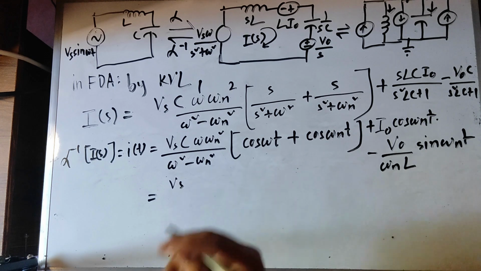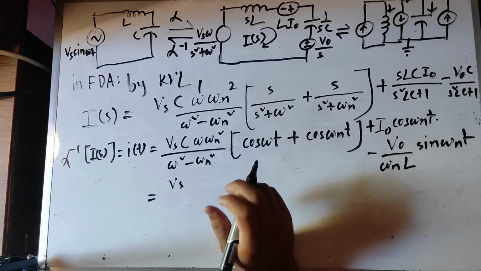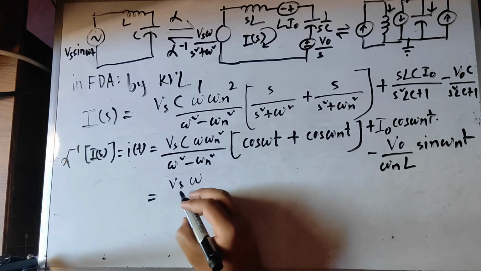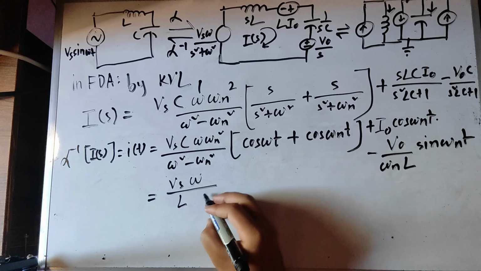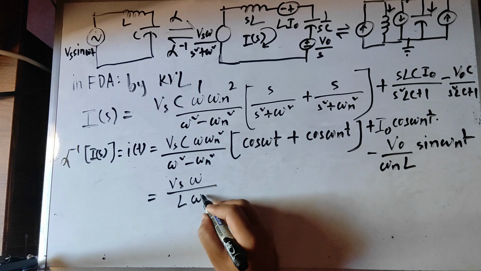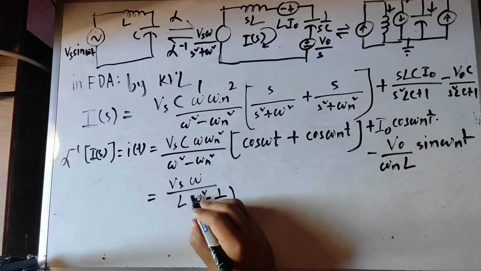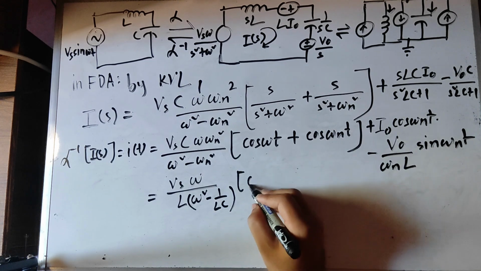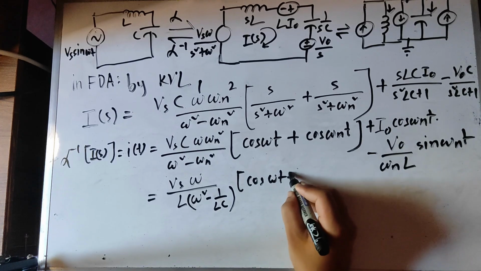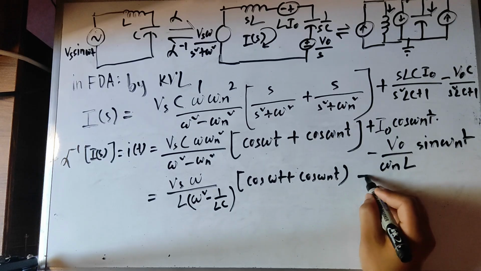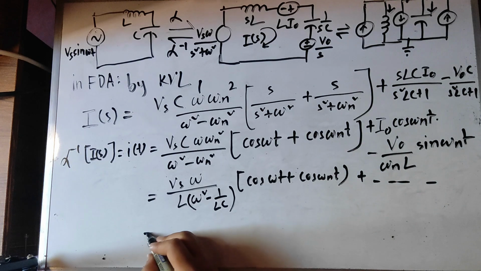Here Vs omega n square is 1/LC, so Vs omega / (L(omega square minus 1/LC)) cos omega t plus cos omega n t plus so on.